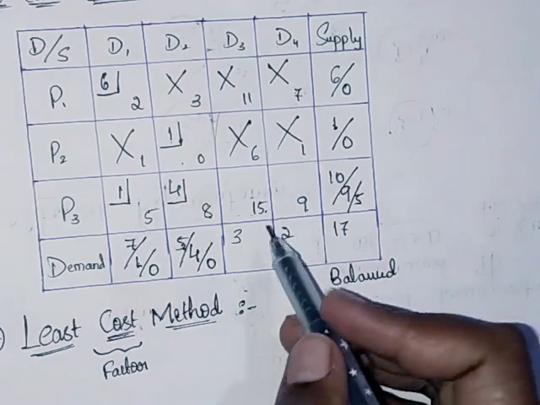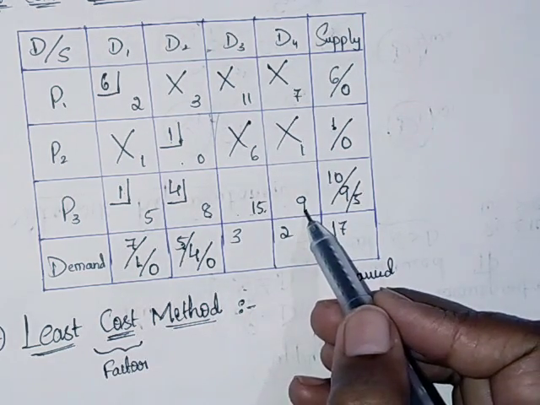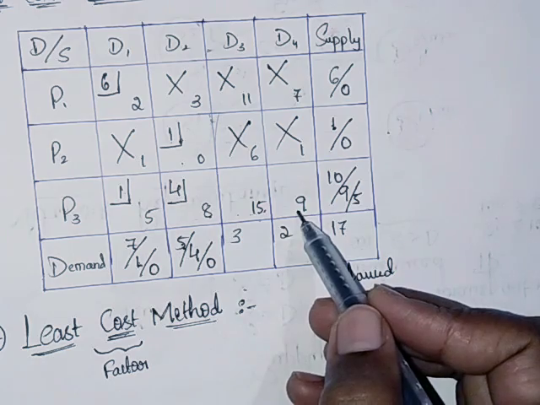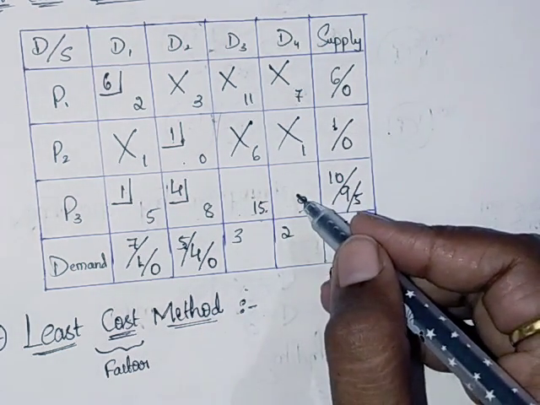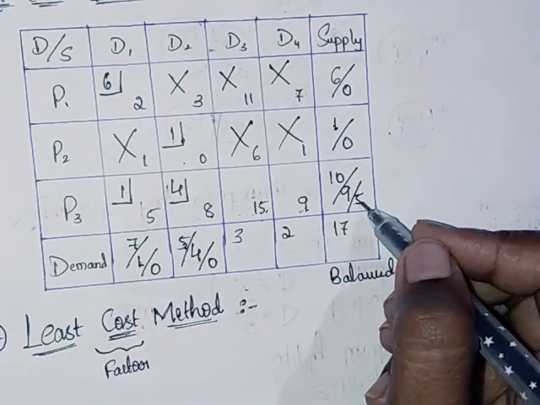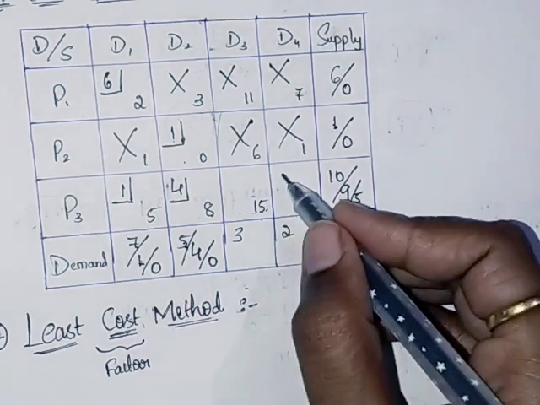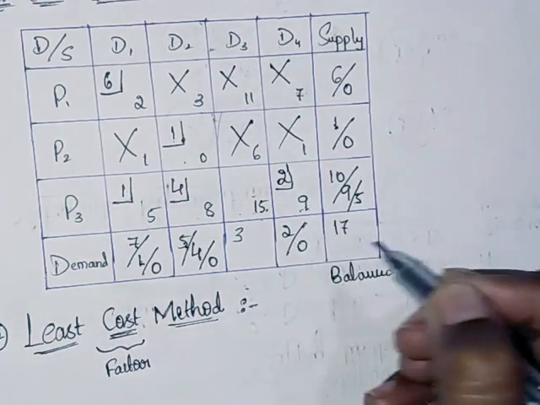Coming to the next cells, we have 15 rupees and 9 rupees, and 9 is the lowest of the two, so I allocate first to this cell. Compare demand and supply: demand is 2 units and supply is 5 units. So I can allocate only 2 units, and the demand becomes 0.